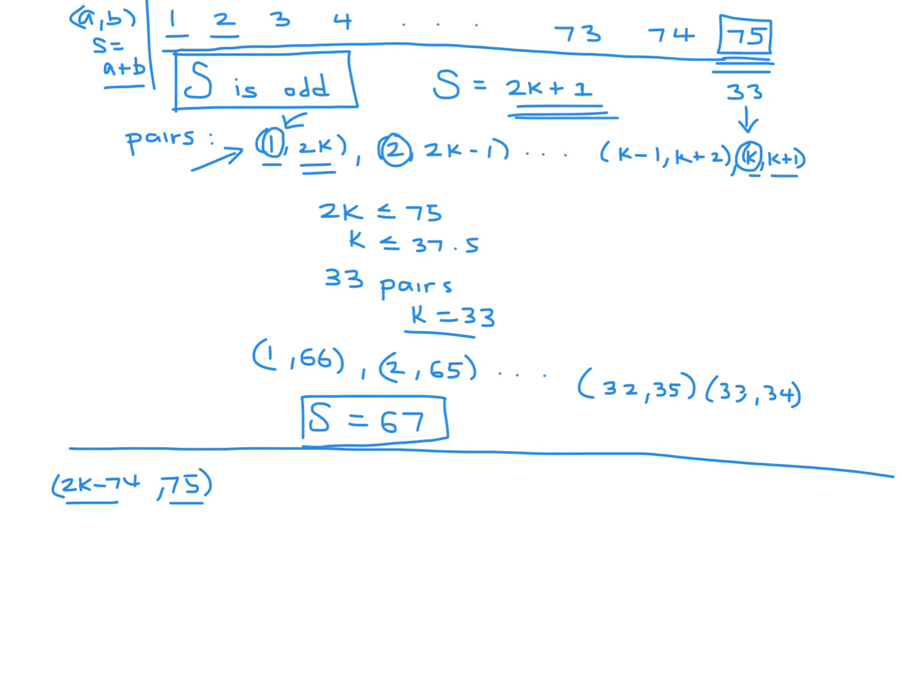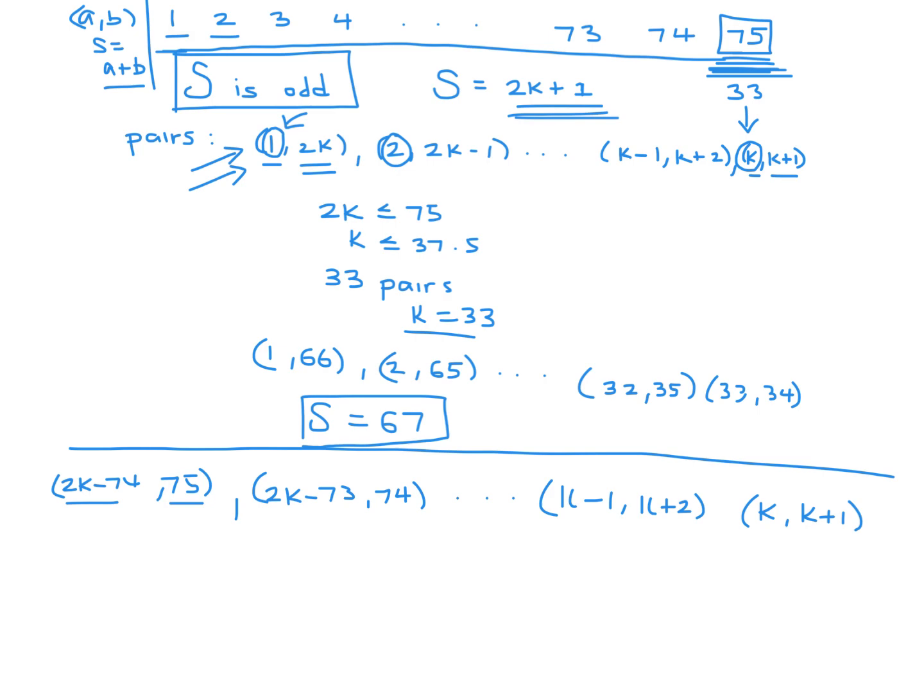I'm doing the same thing, only starting on this side instead of that side. Keep going, and the next will be 74 and 2k minus 73, and then dot, dot, dot, all the way to the end: k plus 2 and k minus 1, and k plus 1 and k. I believe that is correct.